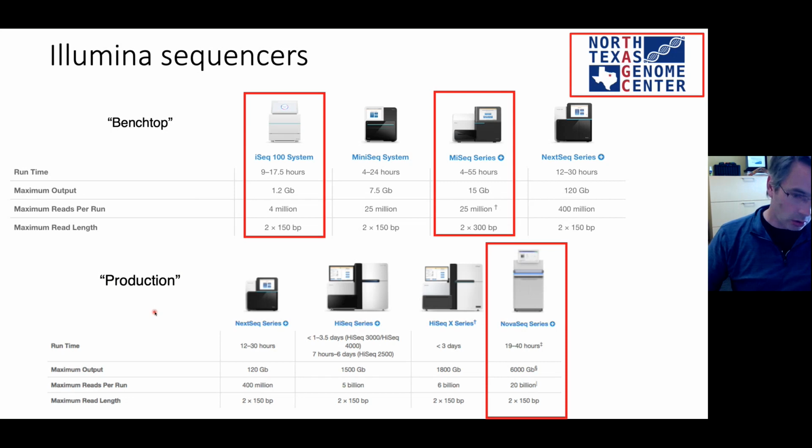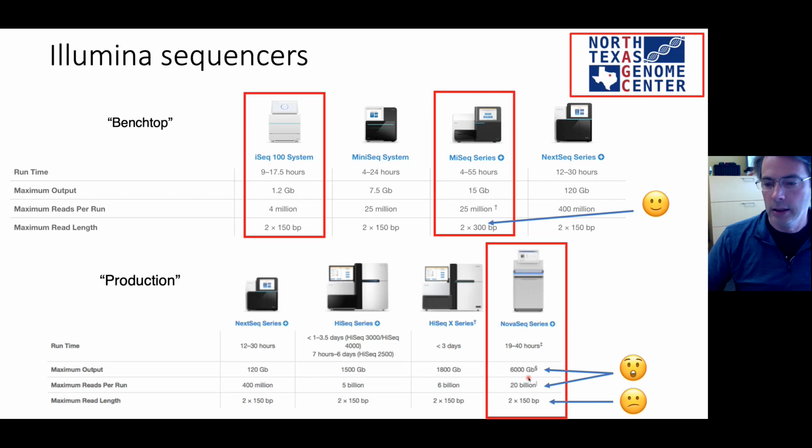Then the production, so Genome Center scale, goes anywhere from that NextSeq, which bridges the gap, to things like the HiSeq and then the NovaSeq, which is insane. So you can get 20 billion reads, which amounts to about 6 trillion base pairs.